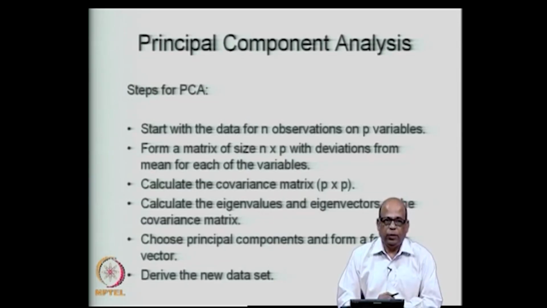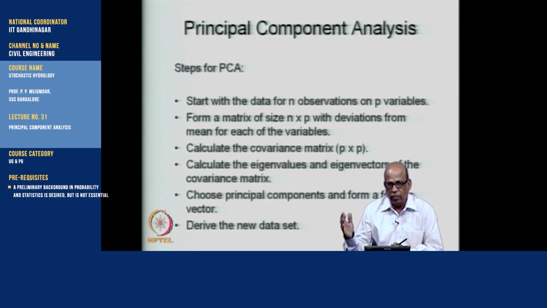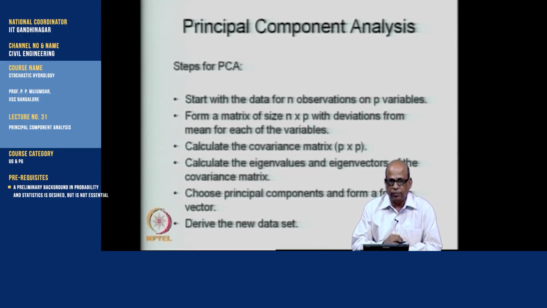Okay. So, how do we do the principal component analysis? We have n observations on p variables, we start with that data. In fact, you can relate this with what we discussed in multiple linear regression. You have observations corresponding to each of the variables, and there is a dependent variable, and a large number of independent variables.